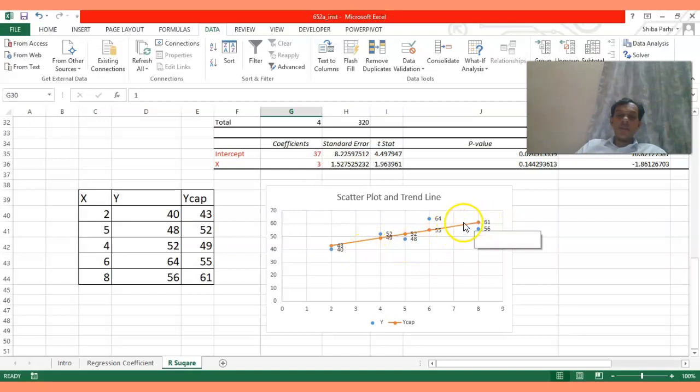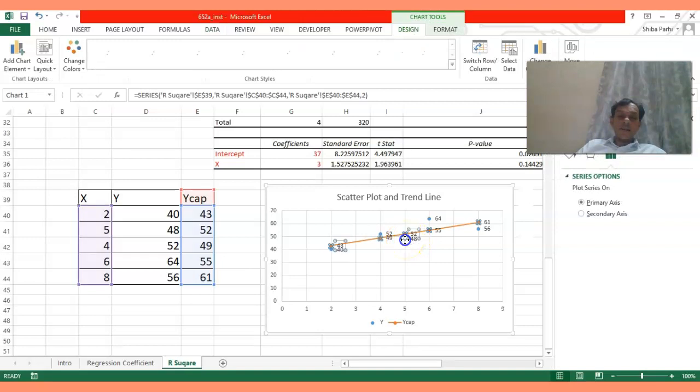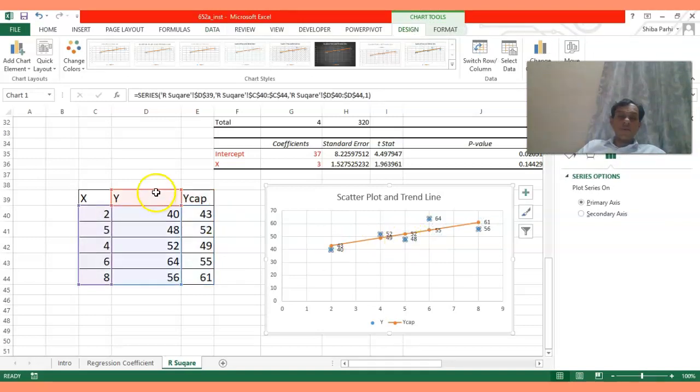Can you see the predicted y is here? This data is all about the predicted y, and this data is all about the actual y.